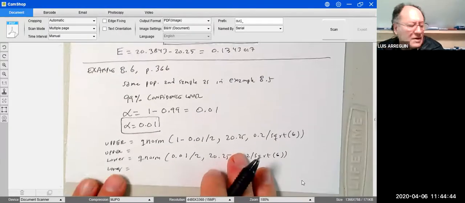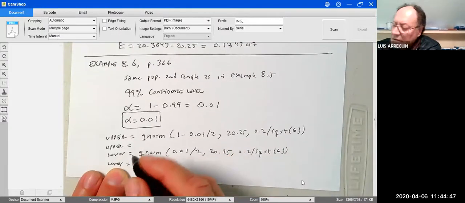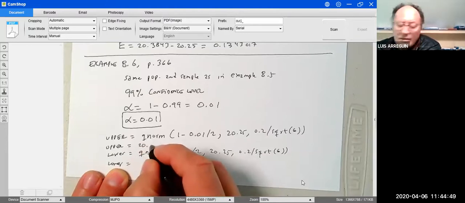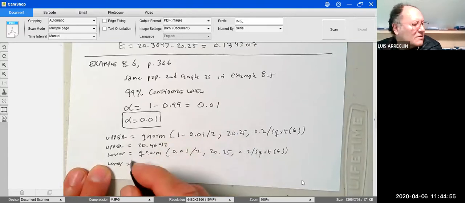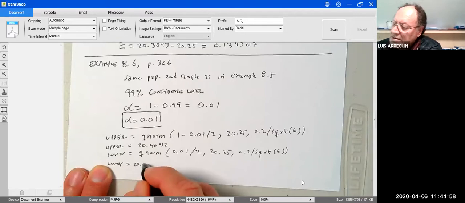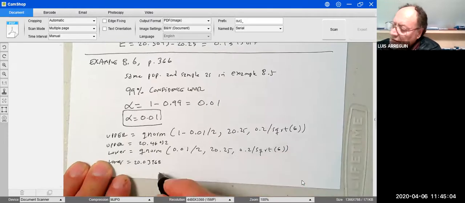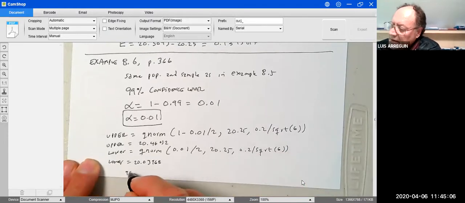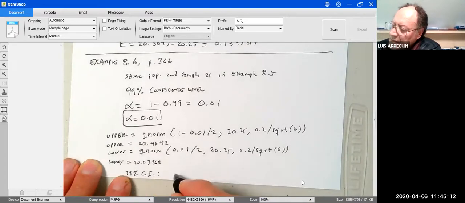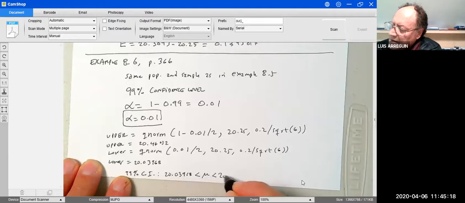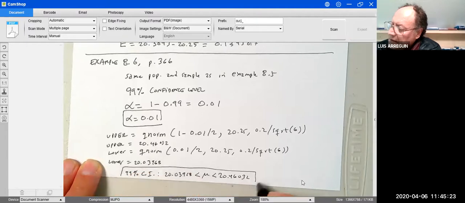So we have the upper limit being now 20.46.32, and the lower limit is going to be 20.03968. So the 99% confidence interval is going to be 20.03968 less than the mean, less than the upper value. So that's my 99% confidence interval.